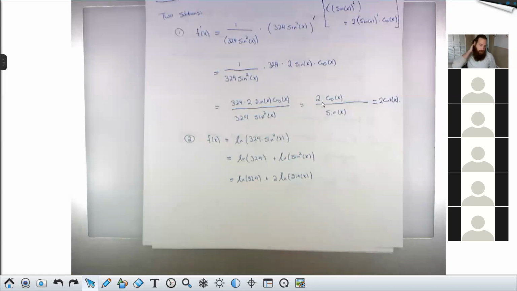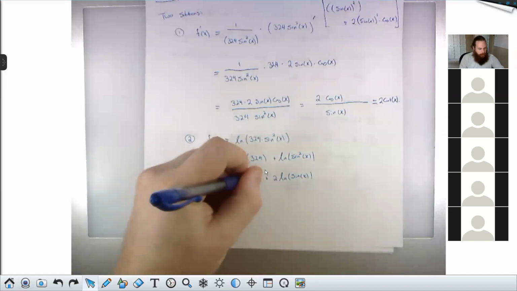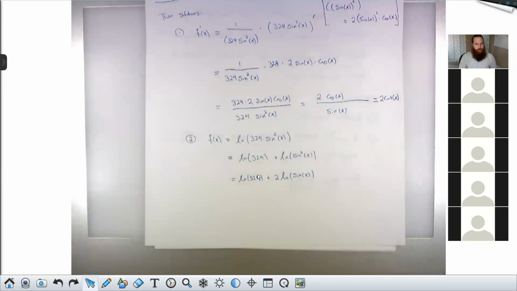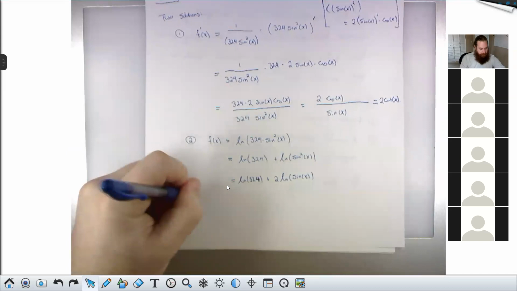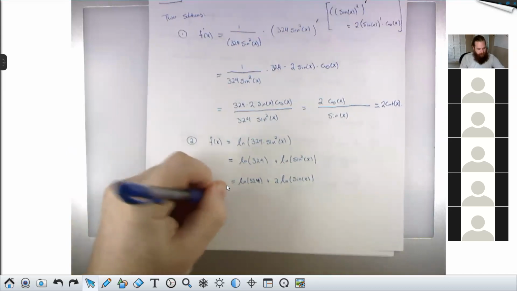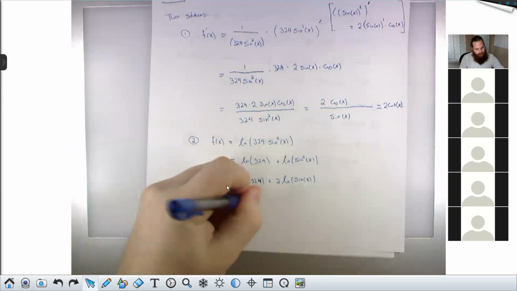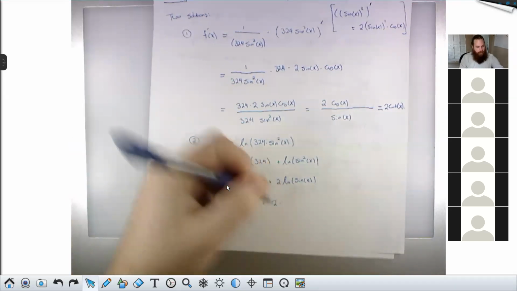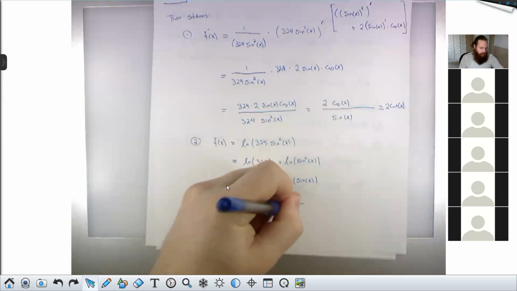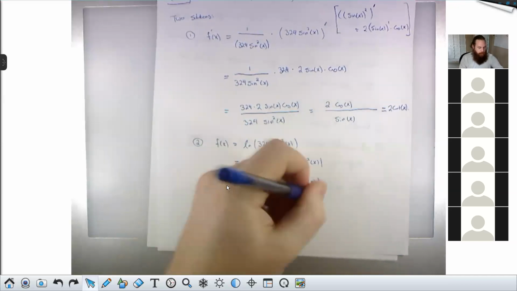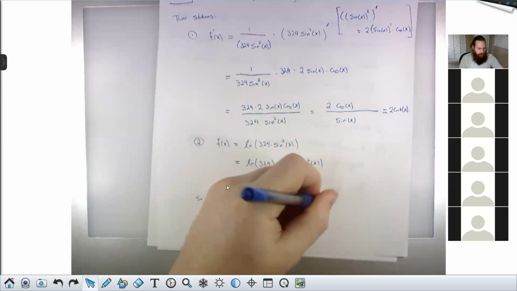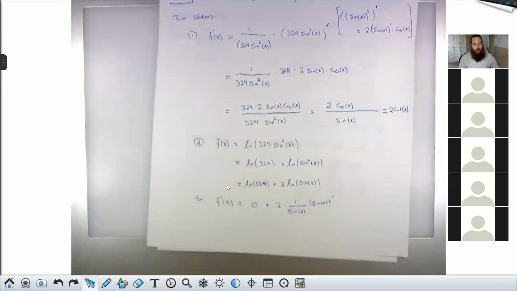There's no chain rule required, or very little chain rule required, I should say. We don't have a chain rule within a chain rule like we did in the previous solution. You'll see immediately that the 324s go away because this term right here is a constant. So when I differentiate, it will go to 0. And then this will be 1 over sine x times the derivative of sine x. That's the only bit of chain rule we have.